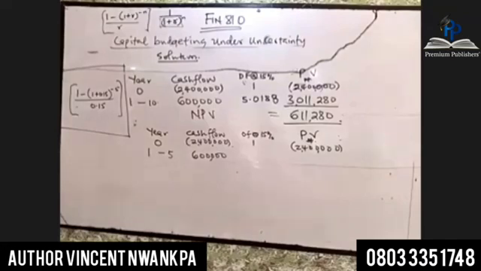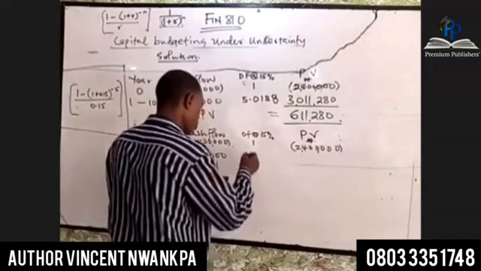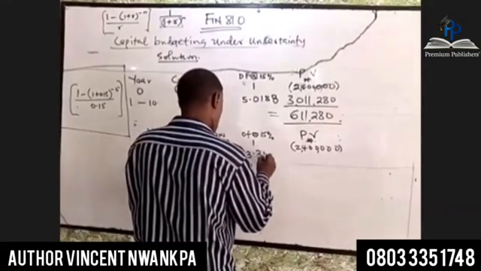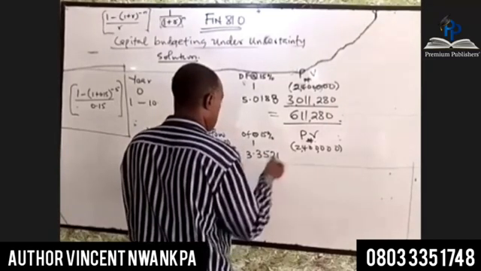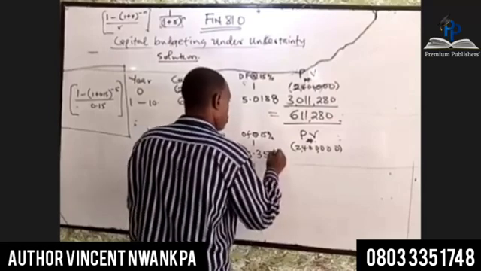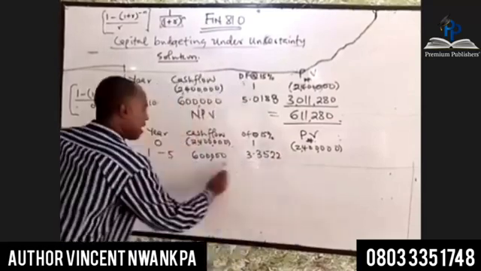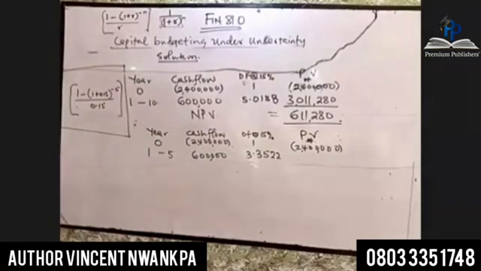And this is 3.352. Everyone join. So what do you have? This times this, times 600,000.